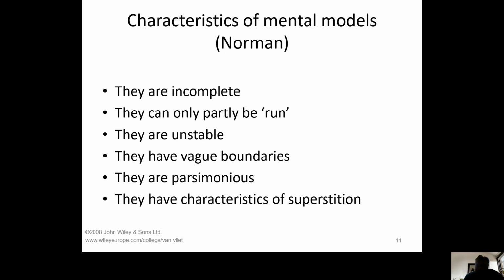They are often unstable, the view or the characteristics of the mental model. They have vague boundaries, and they are extremely parsimonious. They pay attention to a lot of details, and there is also a lot of superstition, which means we have things which affect us. For example, you walk out of your home and all of a sudden you sneeze.